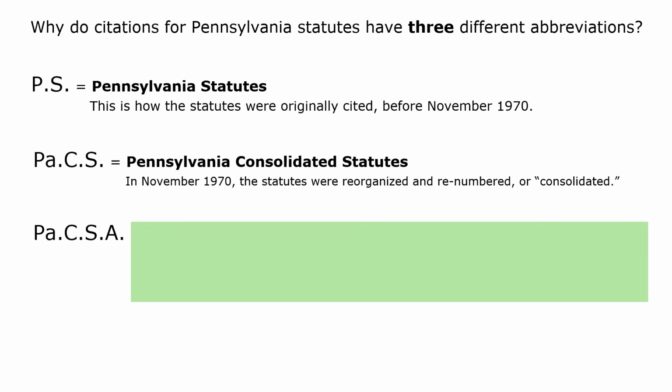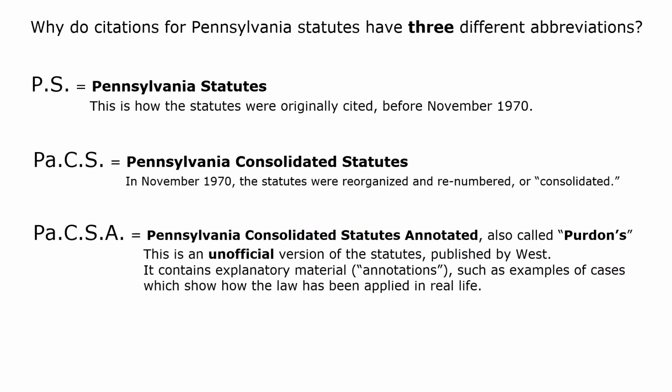And finally, we have the abbreviation PACSA, which stands for Pennsylvania Consolidated Statutes Annotated, which is also called Purdon's. That's the name of the person who first published the book. This is an unofficial version of the statutes that is published by a private company called West.